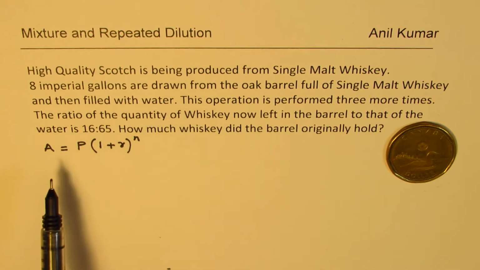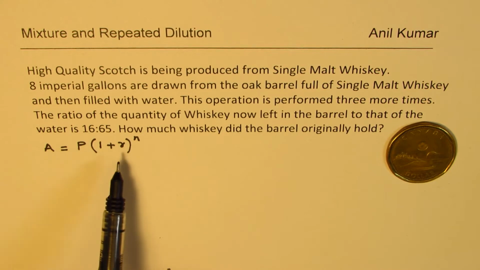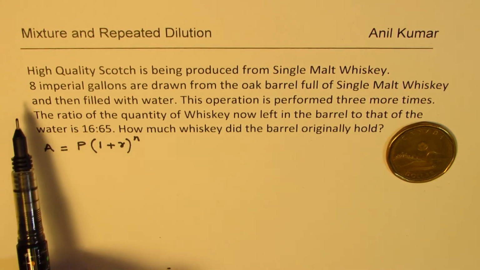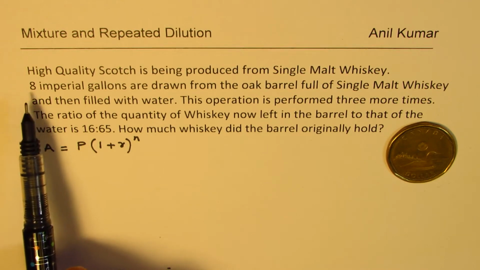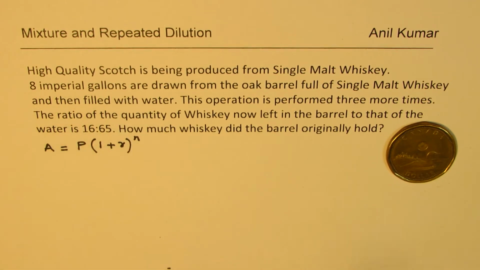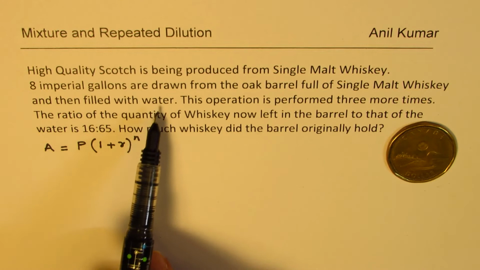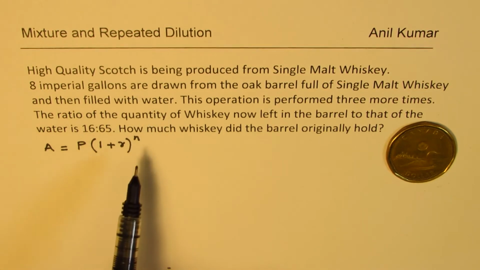The question here is that we know the rate at which we are drawing things out. 8 imperial gallons are drawn from the oak barrel full of single malt whiskey and then filled with water. That means the total volume remains the same, whatever it was.